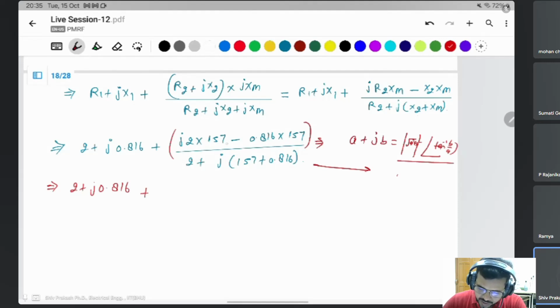Calculating this in polar form: minus 0.816 into 157 plus j, it will be 339.12 at angle of 112.19 degree, divided by the denominator, same thing you can apply.